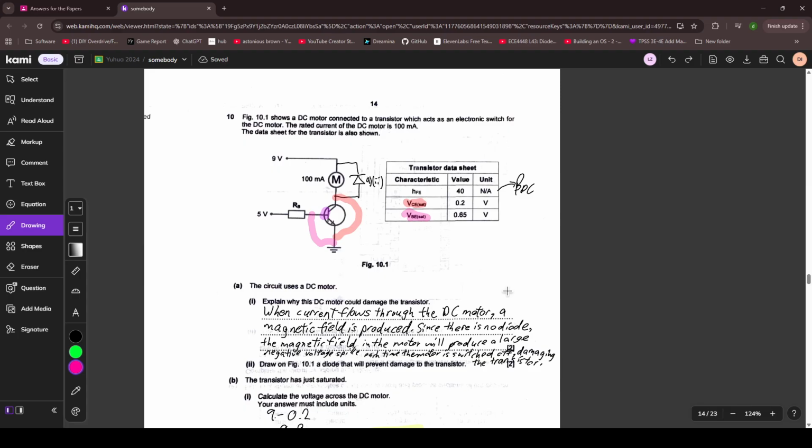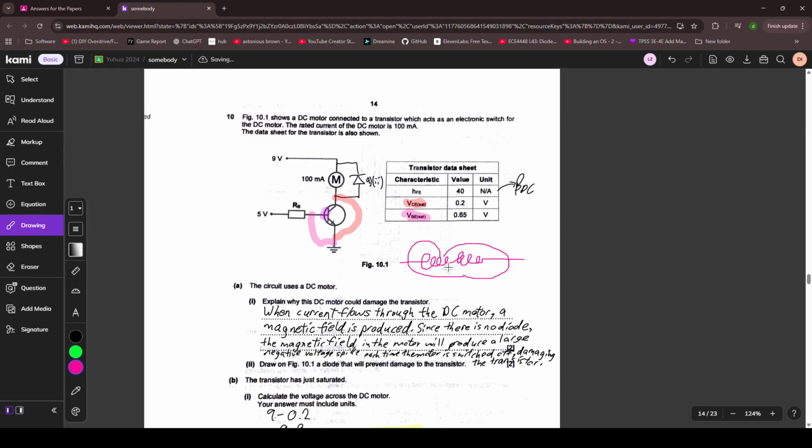Okay, the reason why this person has stated magnetic field, if you did not know, is because the motor is pretty much an inductor. A property of an inductor is that when you drive a current through it, a magnetic field is produced.